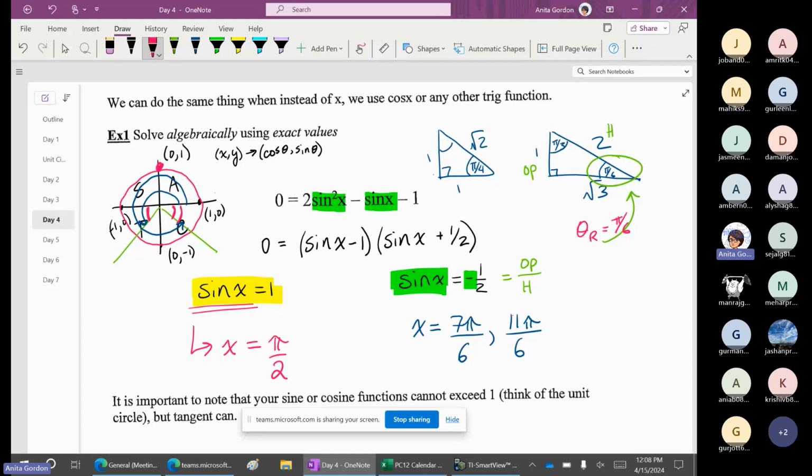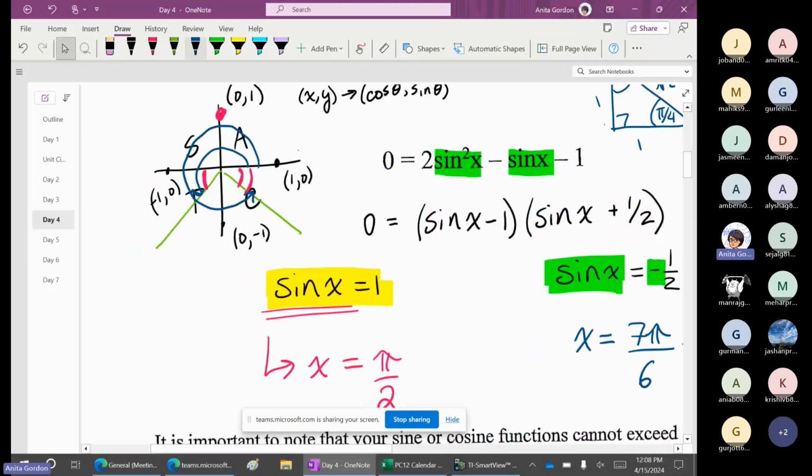Why are we doing a full rotation before defining our x? Like, why is it 7 pi over x? Like, we have to do a full rotation. It's not a full rotation though, because remember a unit circle, this top half goes from 0 to pi, or 6 pi by 6.